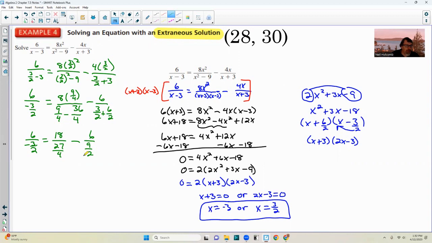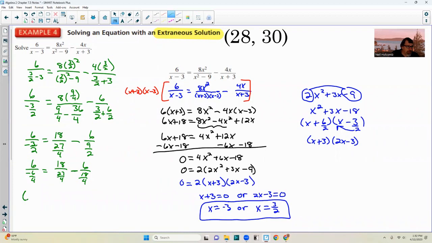So I have to make these all quarters. 6 over negative 6 quarters has to equal 18 over 27 over 4 minus 6 over 18 over 4. Okay. Whew. So these aren't all the same, so I can't add these. I need to get rid of these.